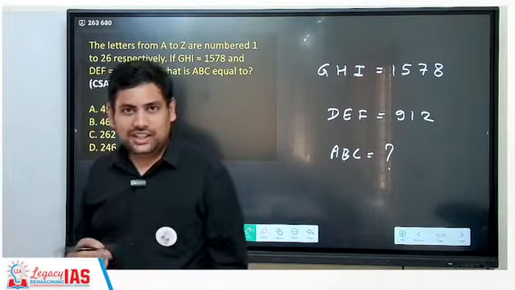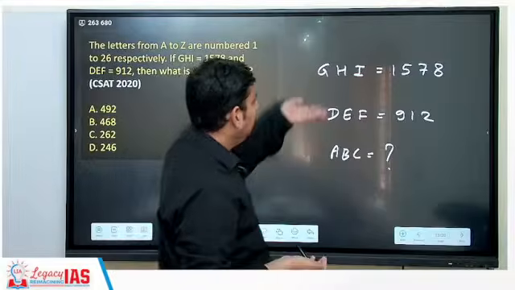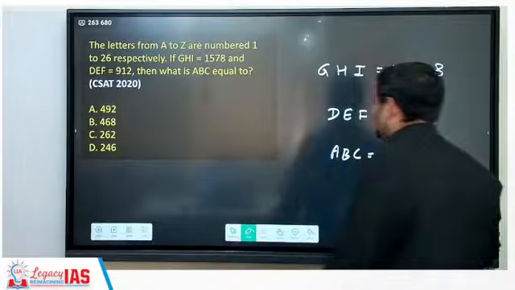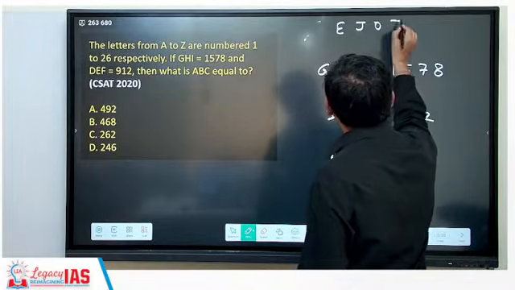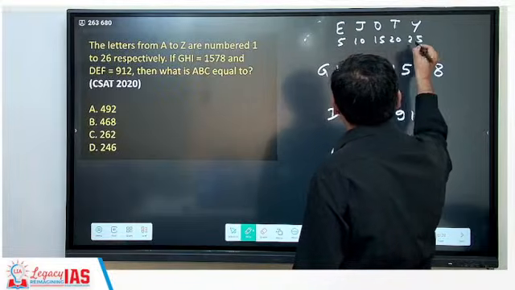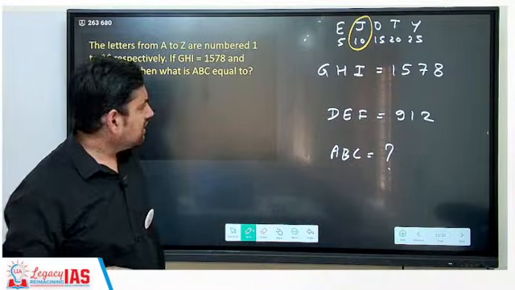Now let's try to find the pattern. First thing we do, we write the number codes for these. If you remember, each fifth letter is 5, 10, 15, 20, 25. Here this is J, which is 10.